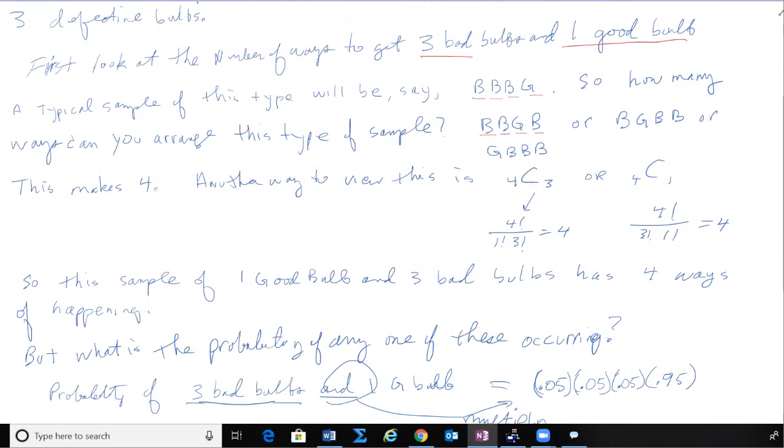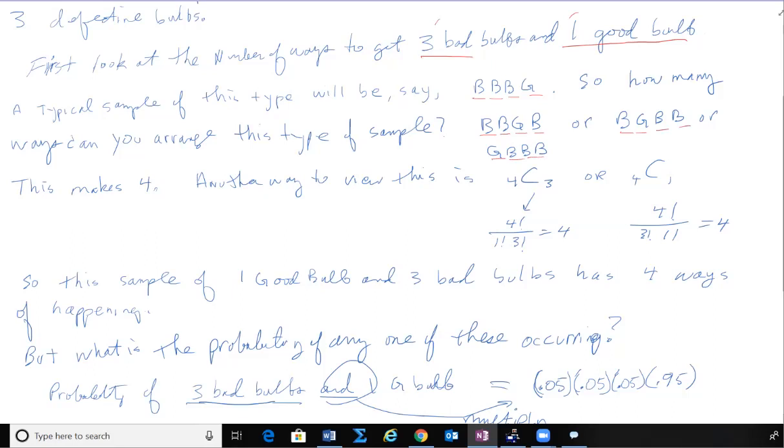So if you consider this the order in which the bulbs are pulled from the sample, and then this, or this, or this. So in a 4 bulb sample, 1 of the bulbs is good, 3 are bad. And these are the 4 ways that could occur if you pulled a sample of 4 bulbs out, in which 3 were bad and 1 was good. So this could happen 4 different ways.